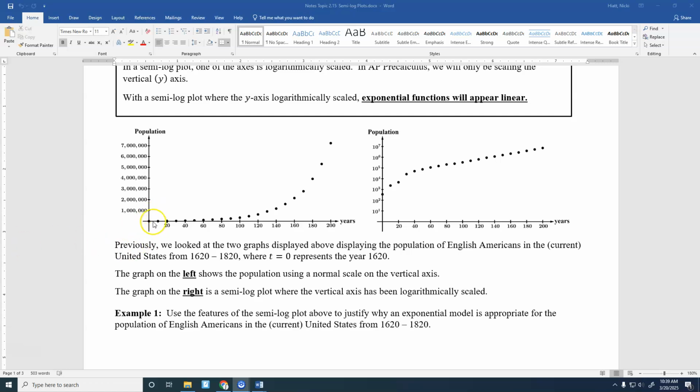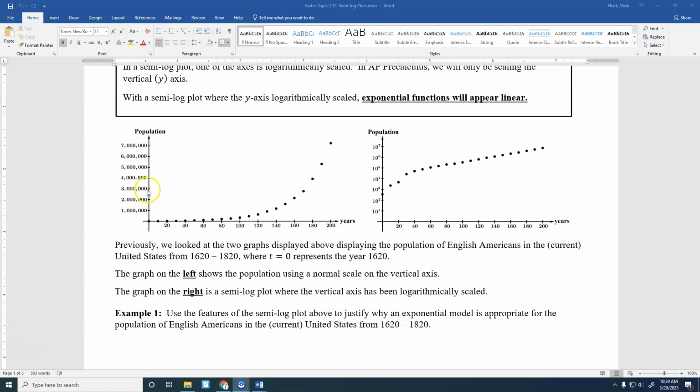And so you always want to pay really close attention to your scale anytime you're looking at a graph, because a lot of times we'll assume it's 1 and 1, but it's not. So my years are going up by 20 right here. My population is going up by millions, right?